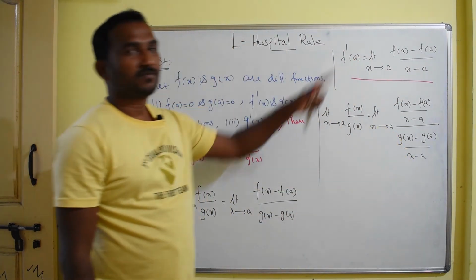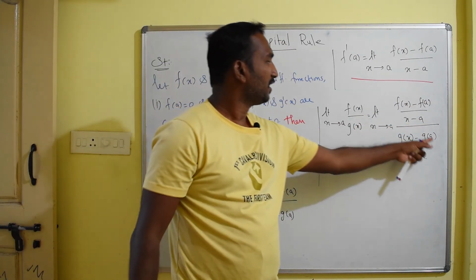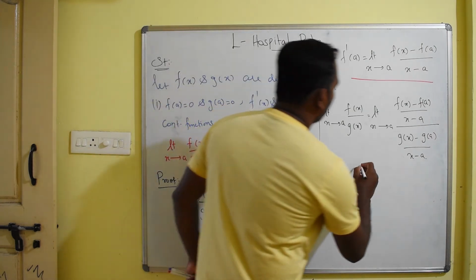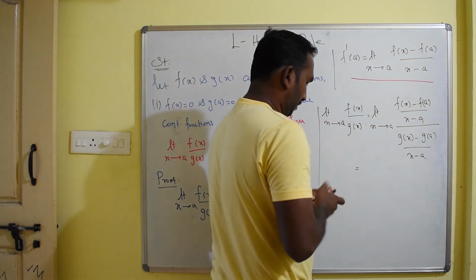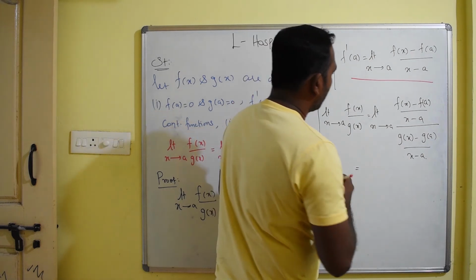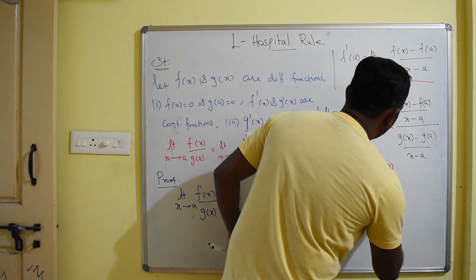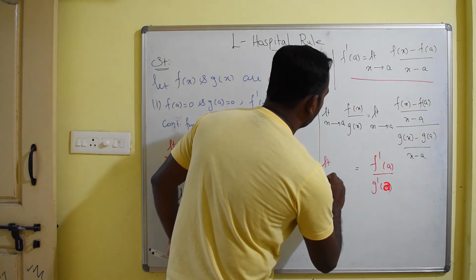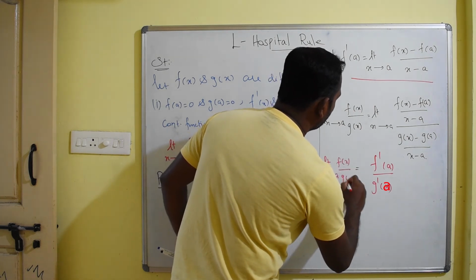According to our definition of the derivative function, we can write this as f dash of a. Similarly, the denominator can be written as g dash of a. So this will give f dash of a divided by g dash of a. The left hand side is limit x tends to a, f of x divided by g of x.